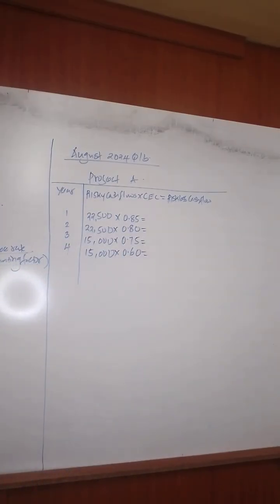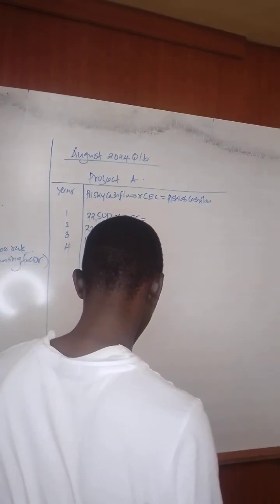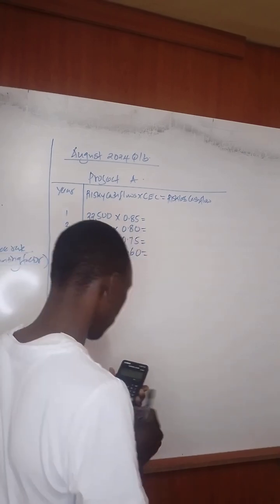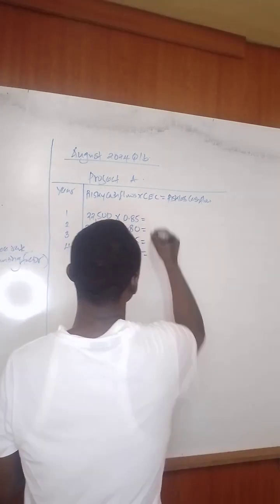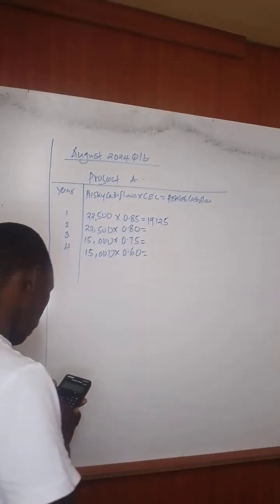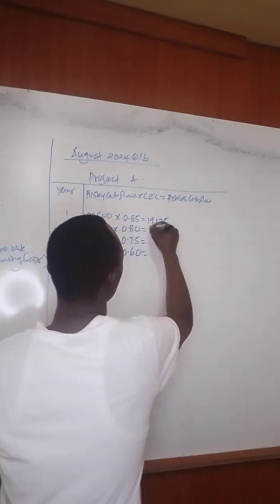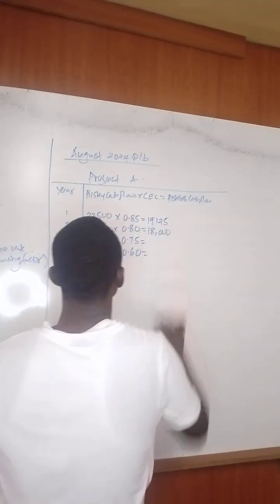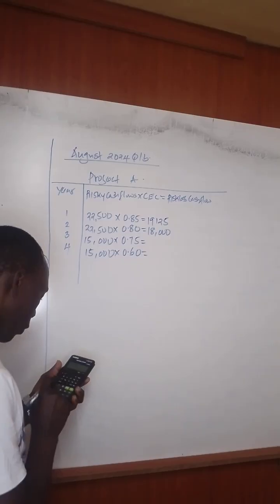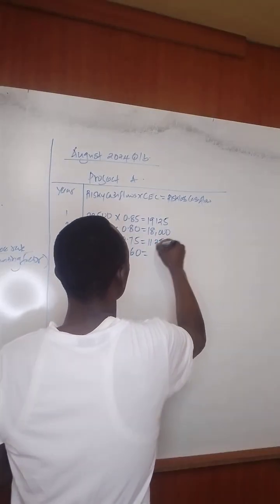Let us compute very fast. The first is 22,500 multiplied by 0.85, and the output is 19,125. The second output is 18,000. The third output is 11,250.